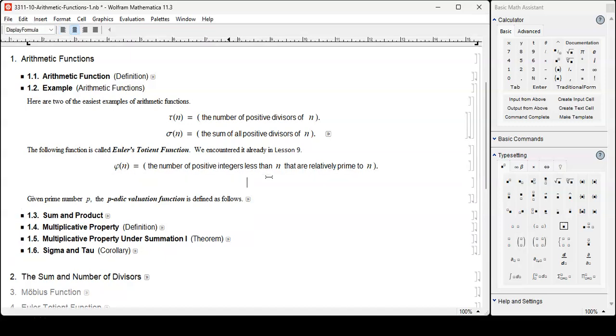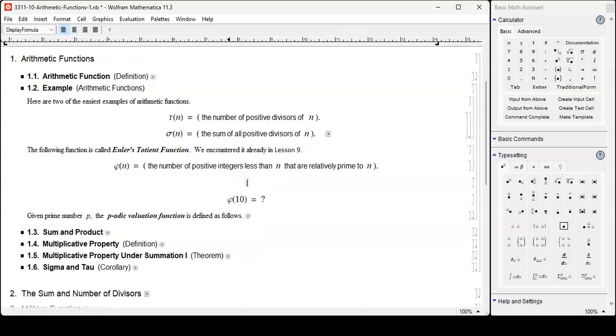Well, we've been dealing with 10 so far, so phi of 10, what is it? Let's see. So what do you have? 1, 2, 3, 4, 5, 6, 7, 8, 9.